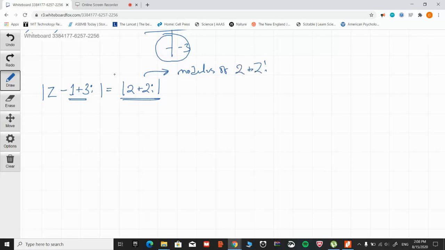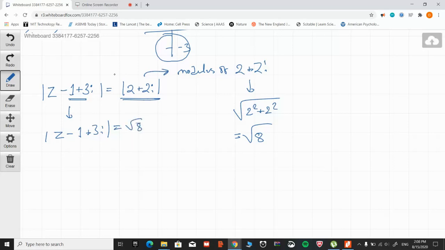Now, here there is nothing missing, unlike before where we couldn't really calculate anything because the complex number was missing, but this is something we can calculate. The modulus of 2 plus 2i is essentially the square root of 2 squared plus 2 squared, and that's root 8. So I can modify my expression to the modulus of z minus 1 plus 3i equals root 8.